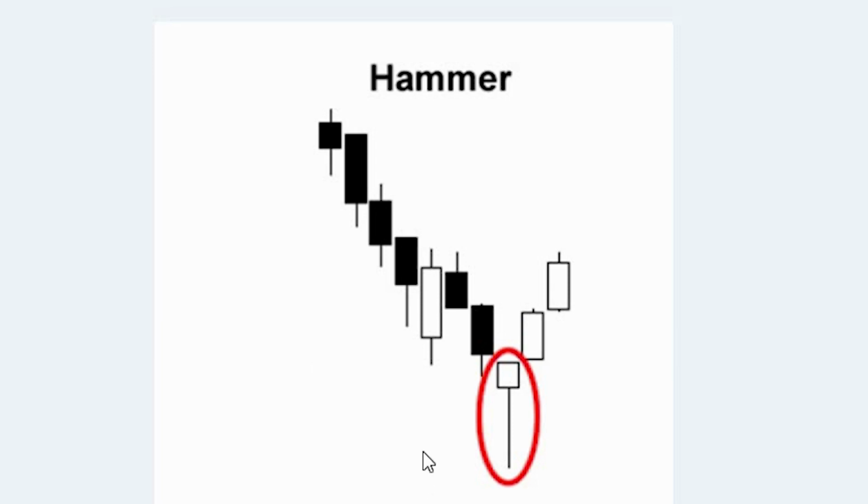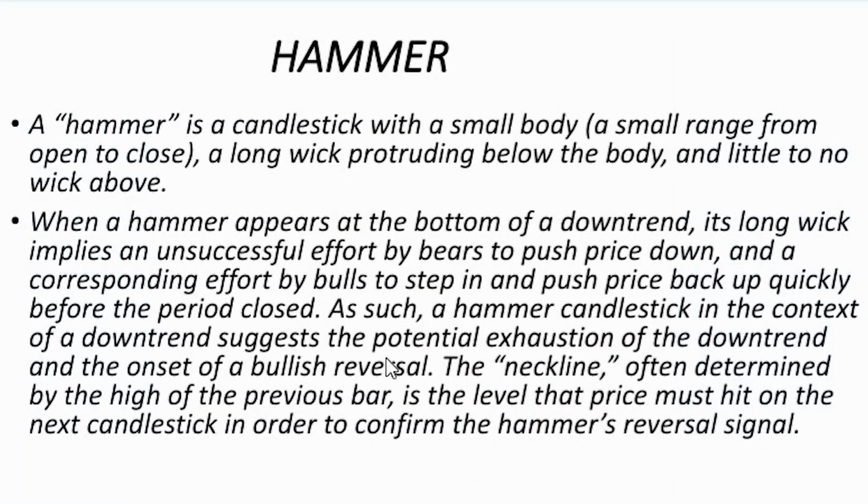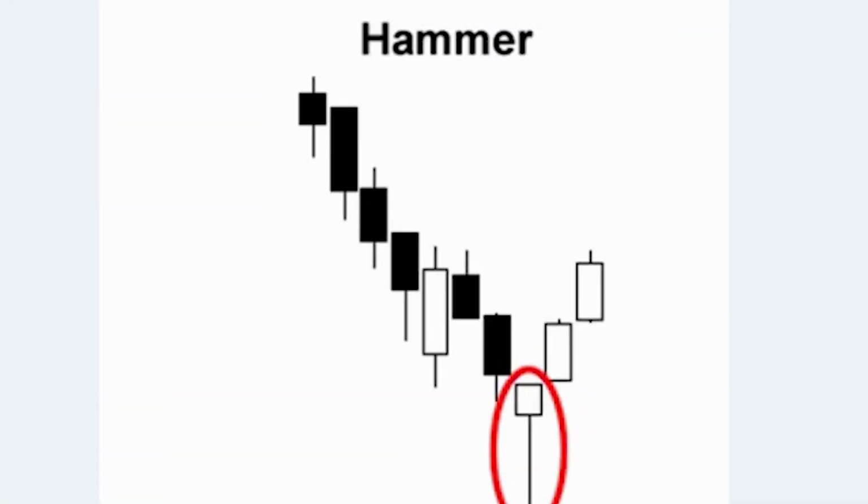Remember, it states that the neckline, often determined by the high of the previous bar, is the level that price must hit on the next candlestick in order to confirm the hammer reversal signal. So most persons will wait for this second candle to close somewhere around here, and at the close of the second candle, that's enough confirmation for them. Then they initiate their buy.